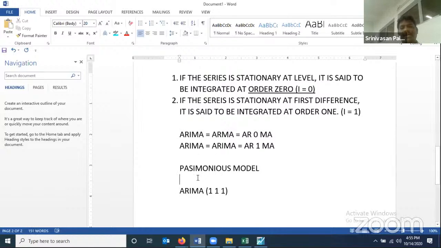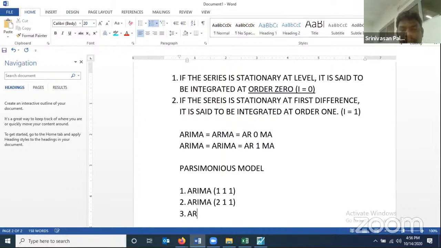This is the first model I'm going to try with: ARIMA 1,1,1. Second, I'm going to try ARIMA 2,1,1. Why I'm doing this, I'll tell you. Third, ARIMA 3,1,1. Please make a note.